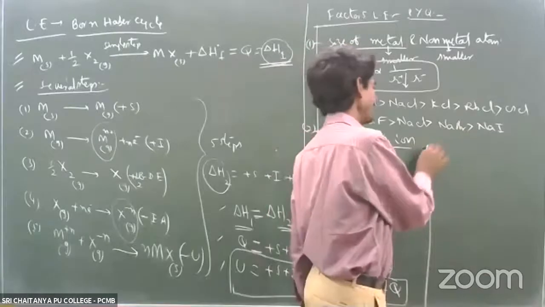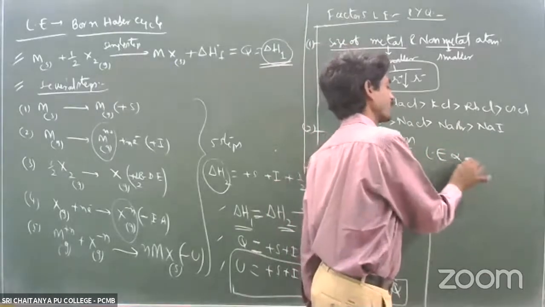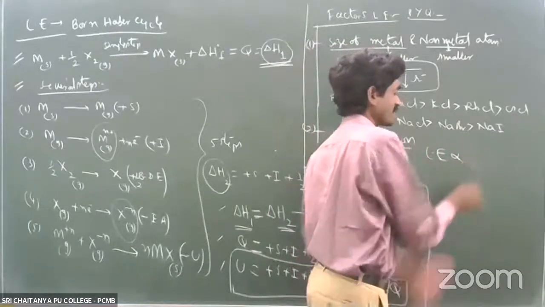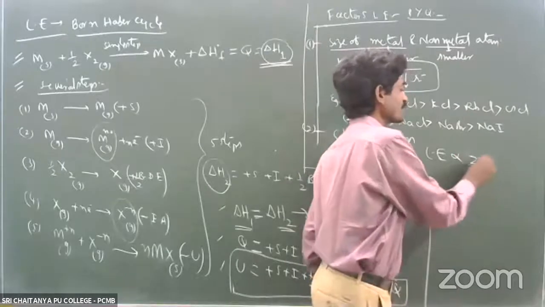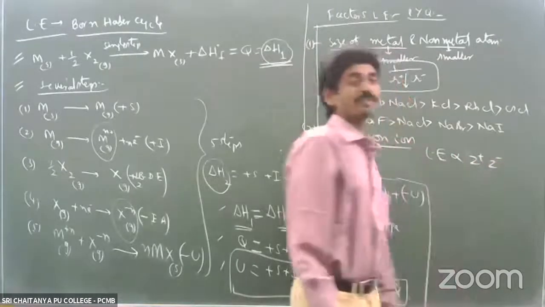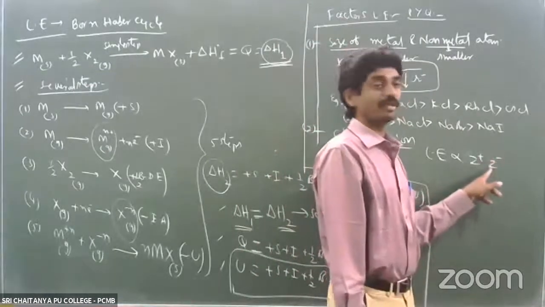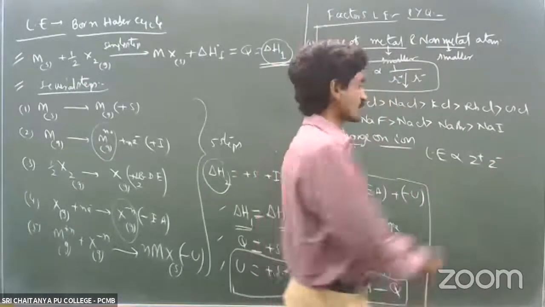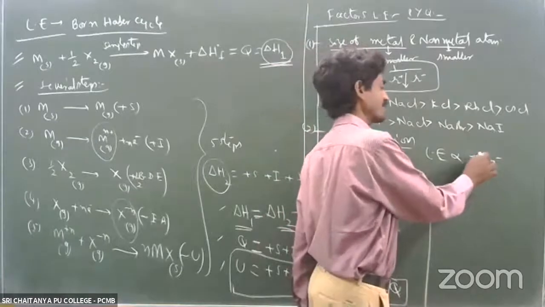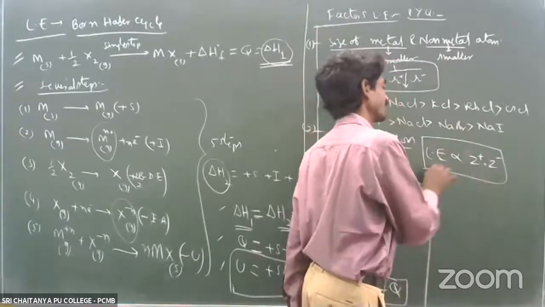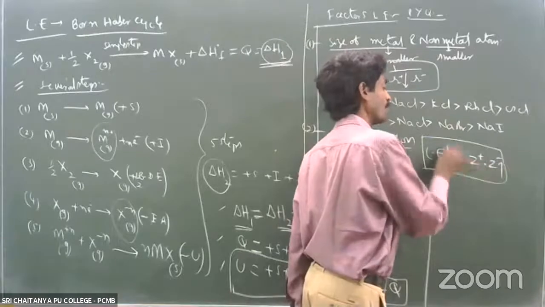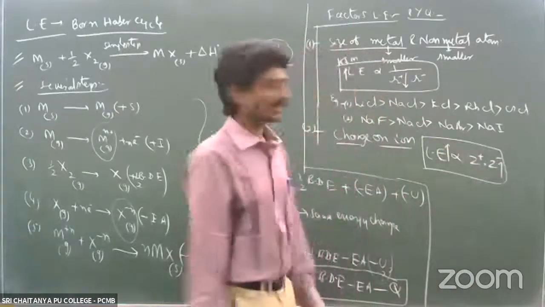That means lattice energy is directly proportional to the charge on the ion. For example, the cation has charge Z plus and the anion has charge Z minus. This is directly proportional. You just multiply them, and when the value is more, lattice energy is also more.